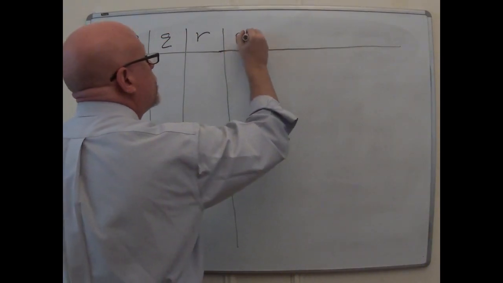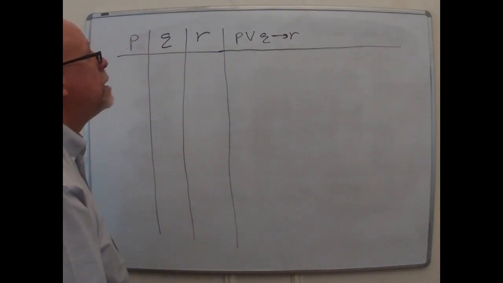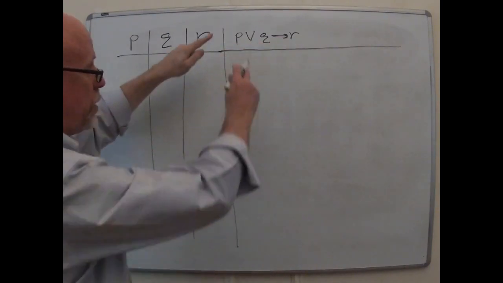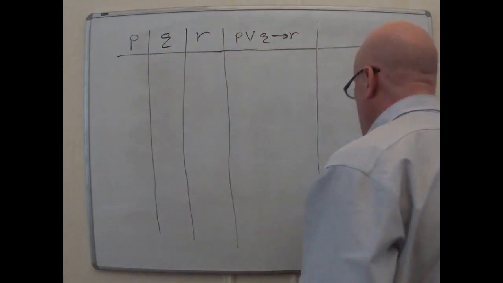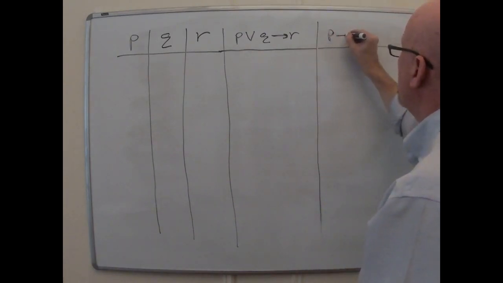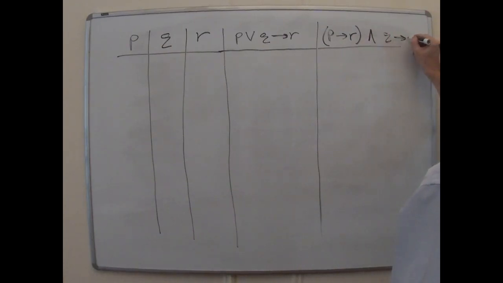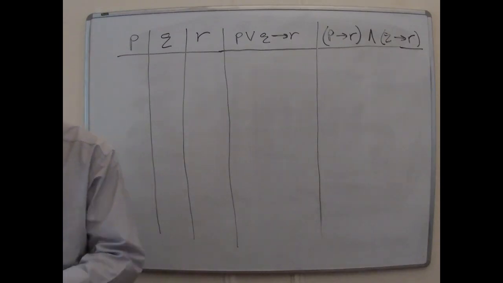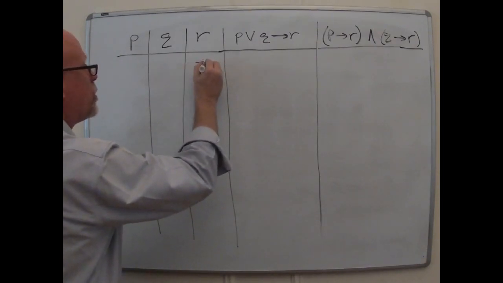The first one was P or Q implies R. Notice because of the order of operation stuff, this or binds tighter than that conditional, so that really means P or Q implies R. The other guy, I do need the parentheses in, it's P implies R and Q implies R. All right, so let's start filling out this truth table. Remember the rightmost variable just alternates back and forth, true and false.